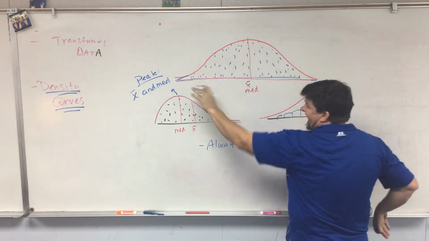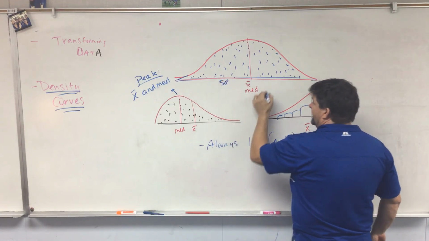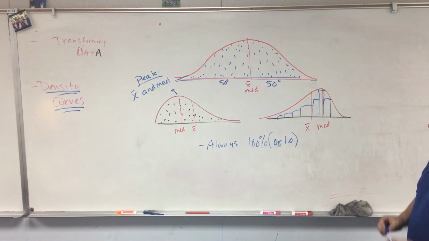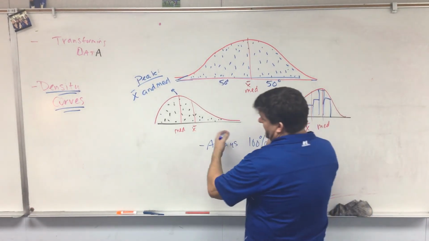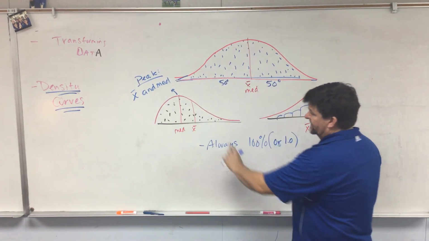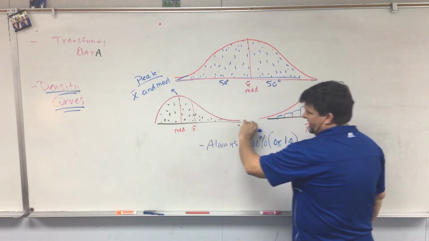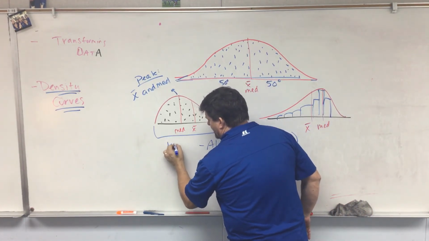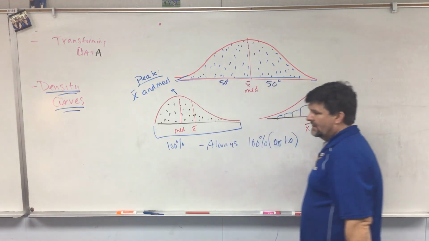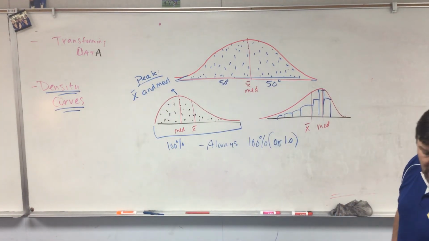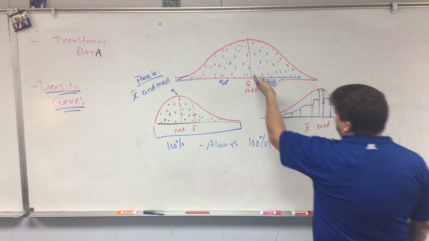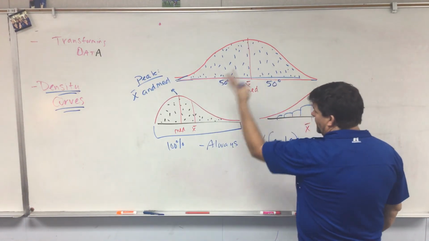That means half of it is 50% over here and half of it is 50% over there when it comes to a normal one. This one's going to be a little different because it's a little skewed, so there's a lesser percentage of it here, but remember the total is always 100%. They're always smooth. It's always above the horizontal axis, and then we work with them from there.